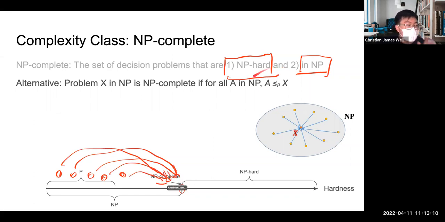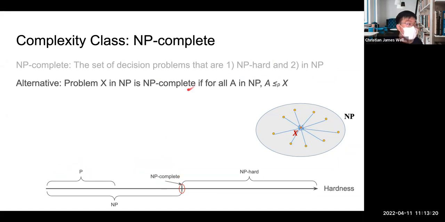That's another alternative way to think about this, and I think this was the one introduced in lecture. I can't remember. But if it's difficult for you to imagine this alternative, just take it as problems in NP and problems in NP hard. The intersection is the NP complete.